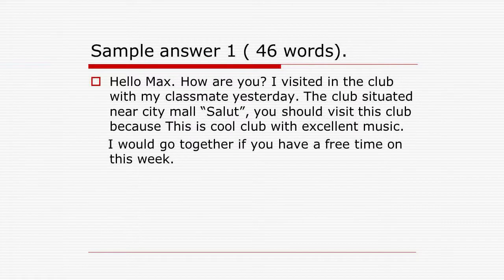Sample answer 1, 46 words. Read the slide carefully. On this slide you have a sample answer. There is no surprise that there are some mistakes made by a student. Be ready to understand where the mistakes are and how many points a student may still gain although he has made these mistakes.